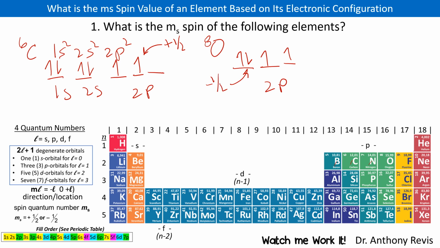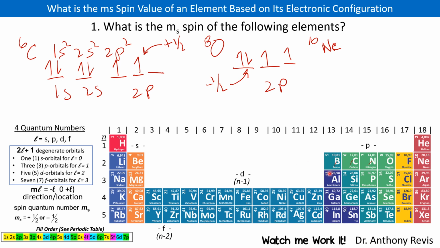Okay. All right. Let's do neon. So we have neon. We need only to deal with the 2p orbitals to determine its spin value. Neon has a total of 10 electrons, but we can start with the p.